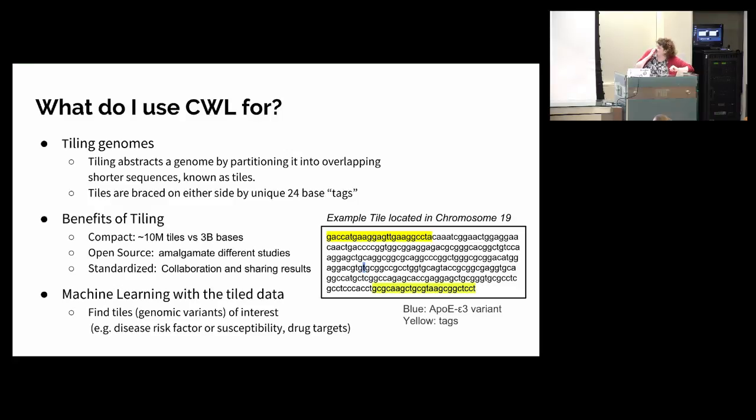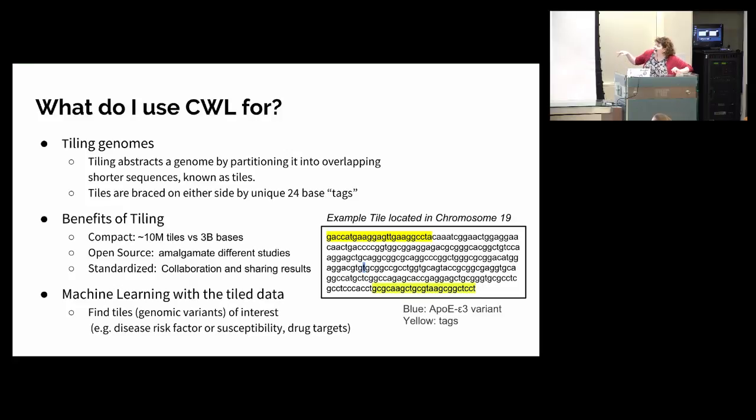And then highlighted in blue is the only difference if you compare this tile with a reference tile. That corresponds to something called the APOE variant, which is thought to be causal for Alzheimer's.